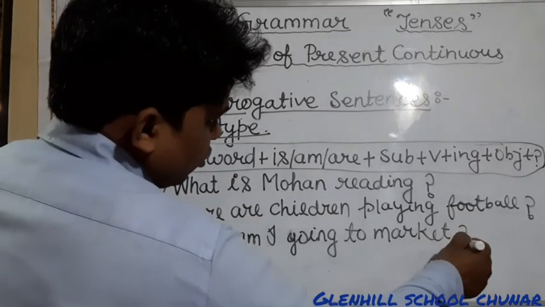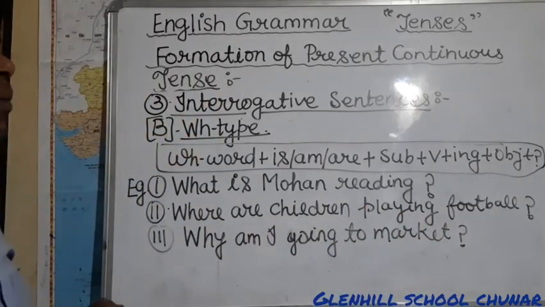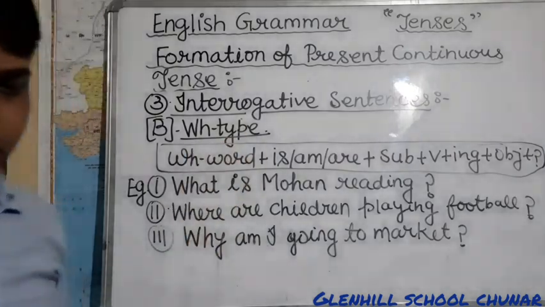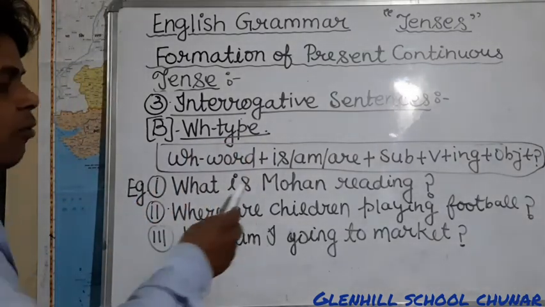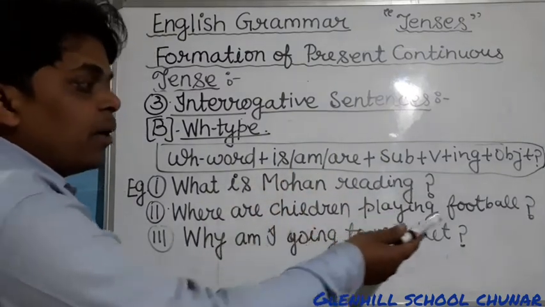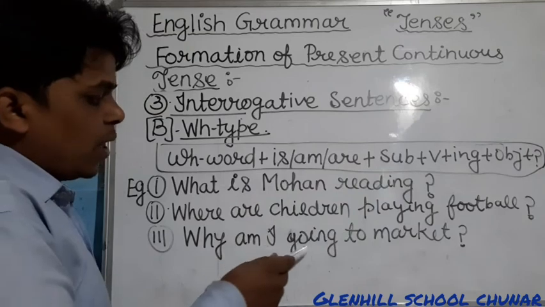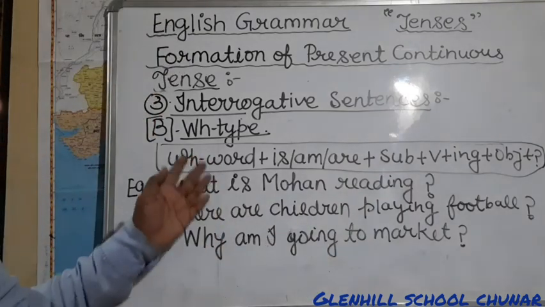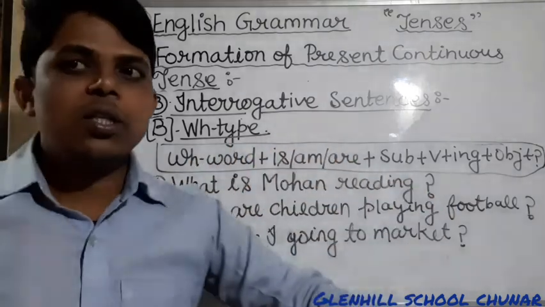Okay, you can see that is the WH type interrogative sentence, and this is your structure, and on the basis of this structure you can see the sentences. What is Mohan reading? Where are children playing football? Why am I going to market? Okay students, these are the sentences based on the WH type interrogative sentences.